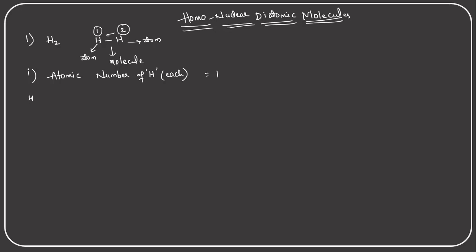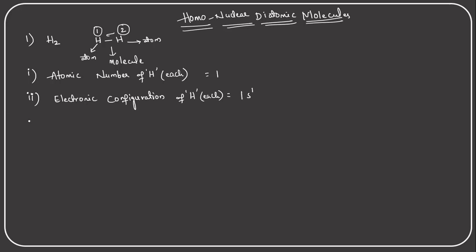The second point in molecular orbital theory is the electronic configuration of each hydrogen. This is the same for the two hydrogens, that is 1s1.